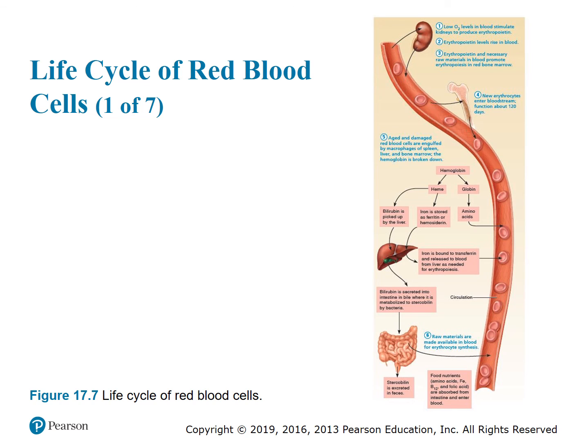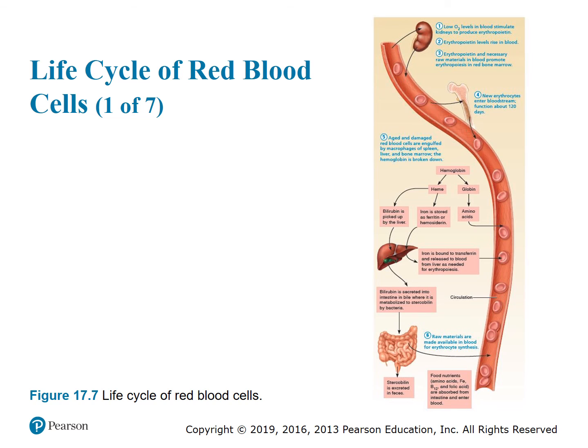The hemoglobin is broken down into globin, which is broken down into amino acids, which go into blood. It's also broken down to heme, and the iron is stored as ferritin or hemosiderin. The heme is also broken down into bilirubin, which is picked up by the liver.